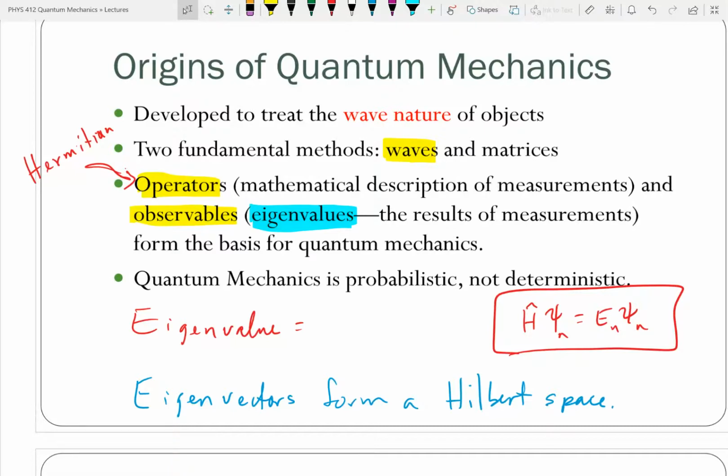Last thing on the slide that's super important, quantum mechanics is probabilistic. What did Einstein say about this? Said that we just don't have all the information. Einstein did not like this idea at all.